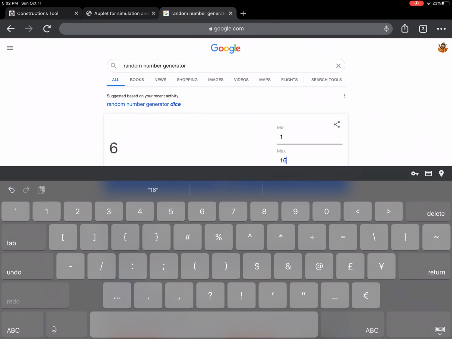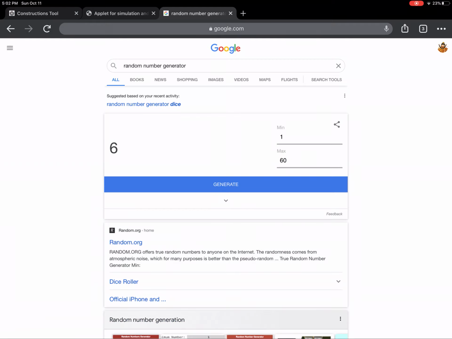So for us, 1 through 60 is our max. And then we just hit generate. And so that means I would choose number 12 on the list, number 44, 49, 47, and 11. And make sure you don't get any duplicates. If you get a duplicate, just run it again.